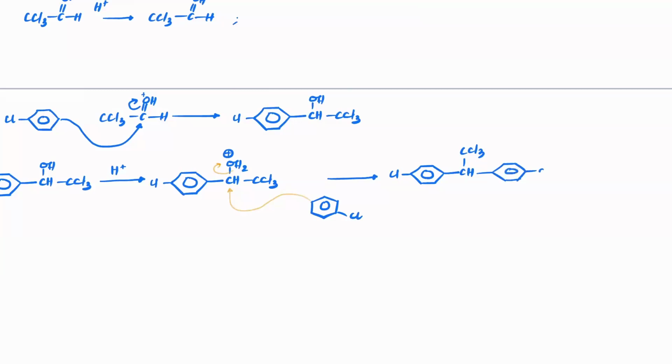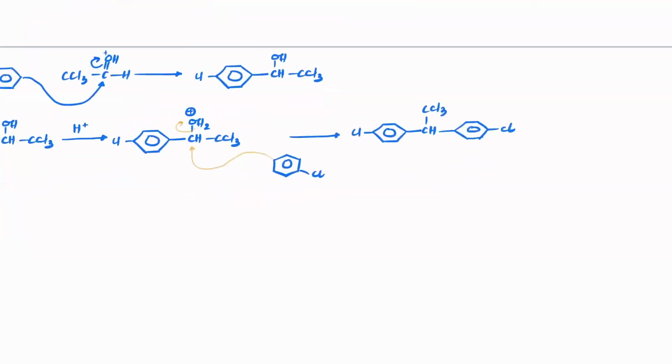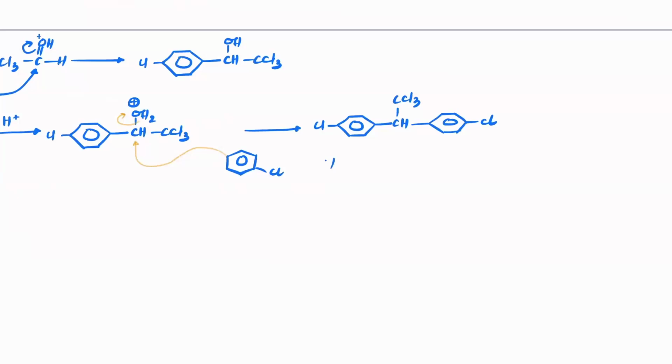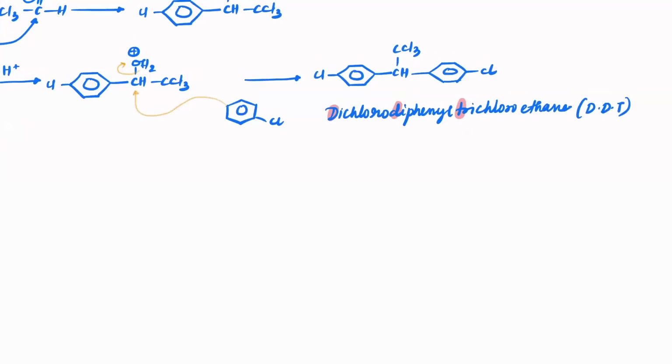This is the product, read as dichloro diphenyl trichloroethane. You can see the wording here: dichloro, diphenyl, and trichloro. That's why this is called DDT as common name.